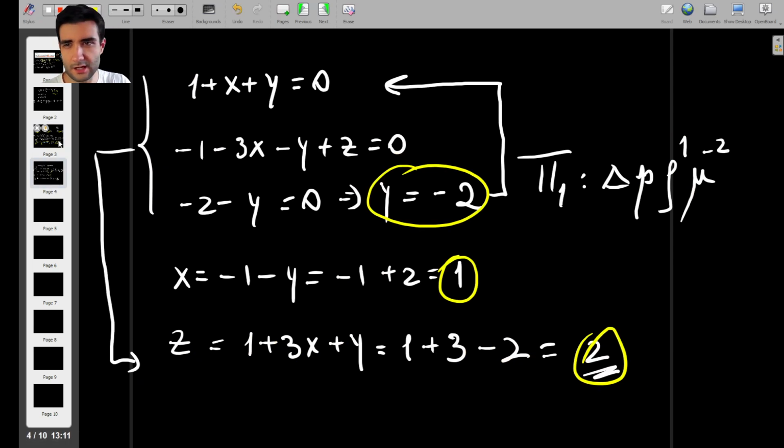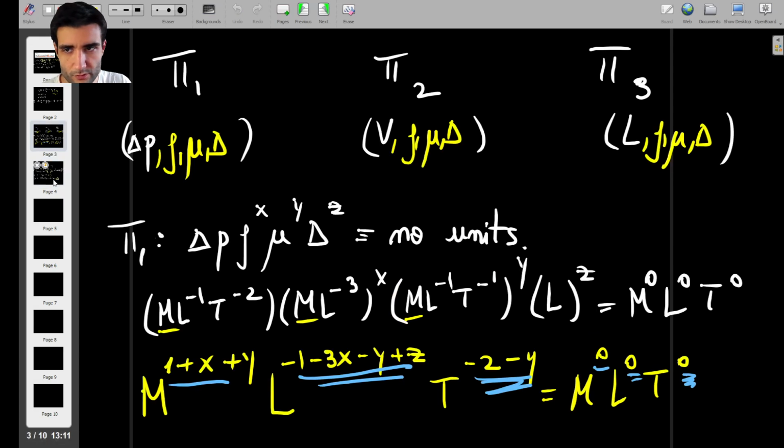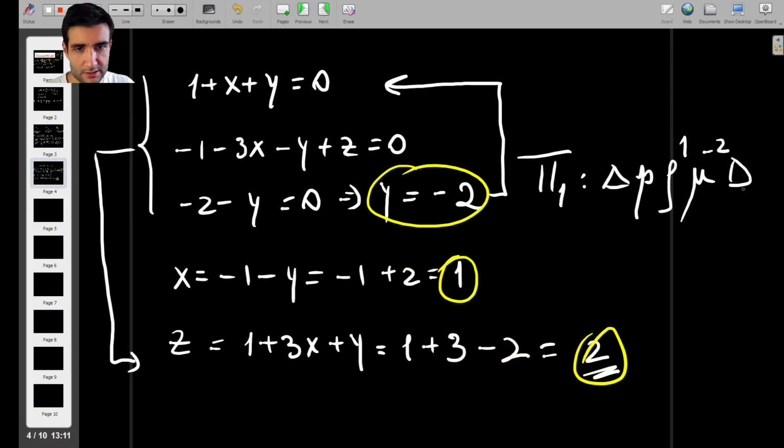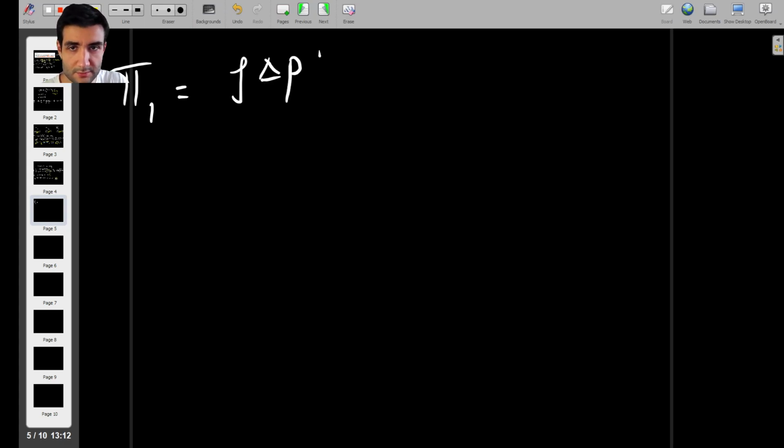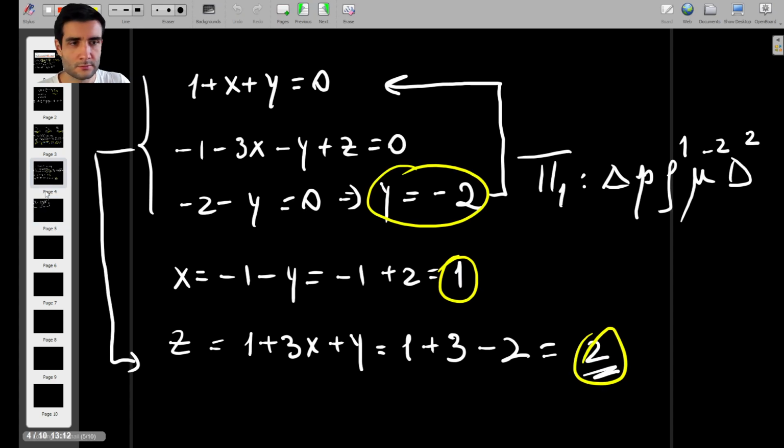And then we have diameter. So diameter is to the power z, or just to the power 2. So pi1 is, let's see, it's rho times delta p times d squared over viscosity squared. Okay, so that is the first pi group.